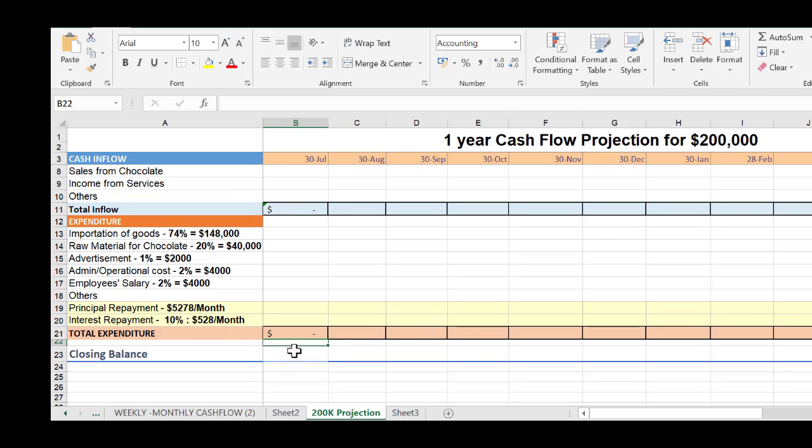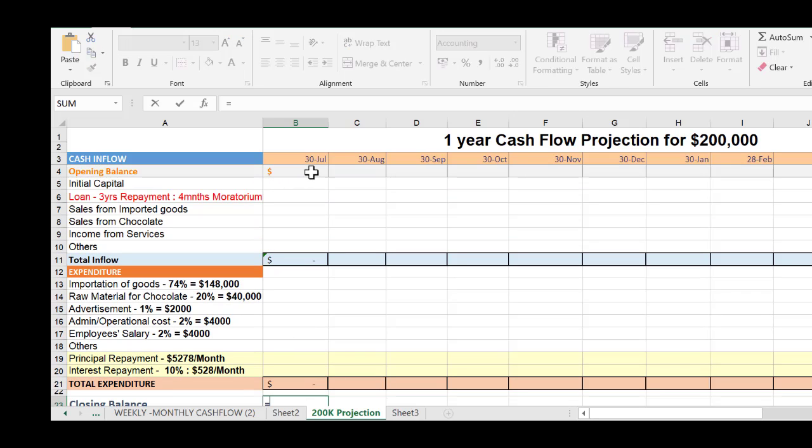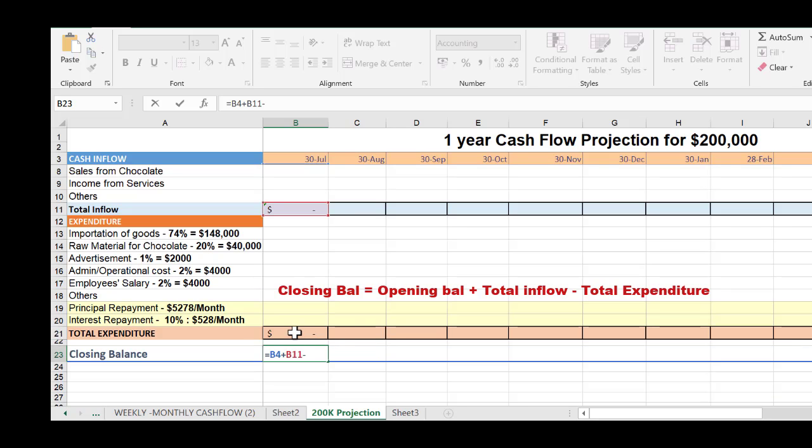Then closing balance, kindly pay attention here, you have equal to my opening balance plus my total inflow minus my total expenditure. So this will give me my closing balance.